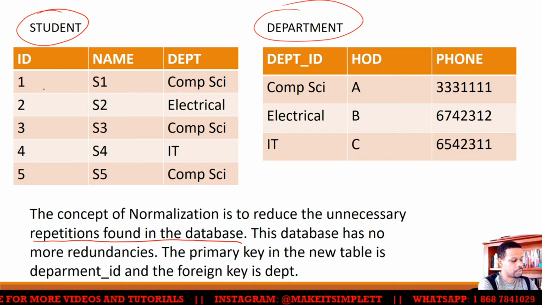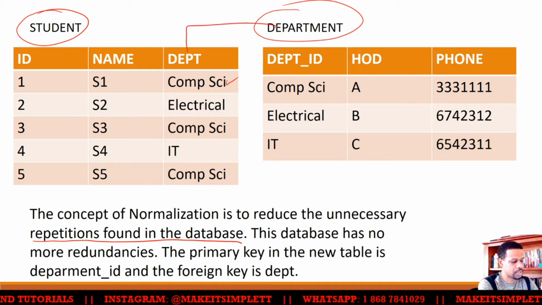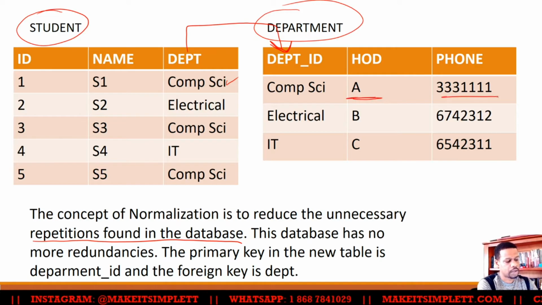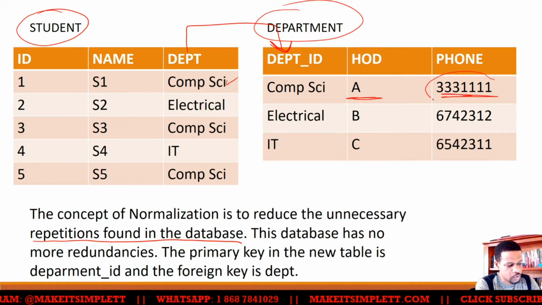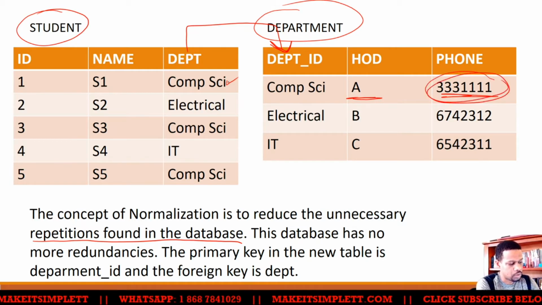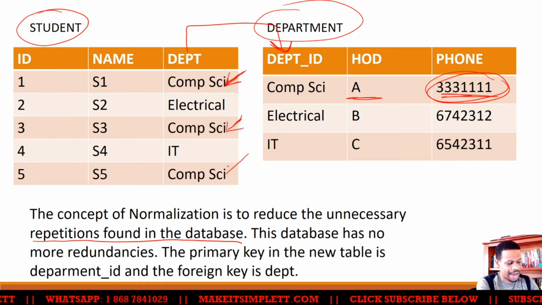The student will have an ID, and then that student will be doing ComSci. How do you get the information about ComSci? You relate it to this department here, and then you will get the phone number and the name of the HOD. So once you update this phone number here, it's going to naturally cascade onto this one, and that one.